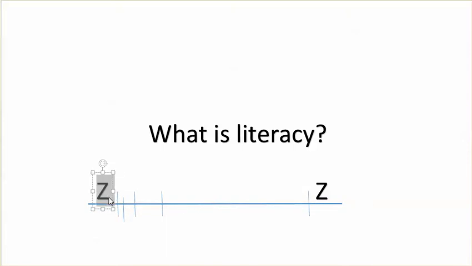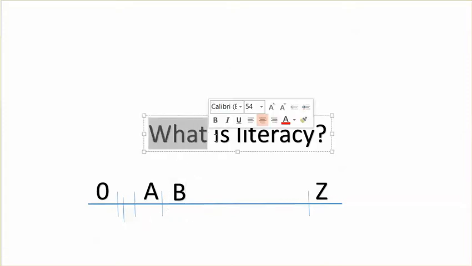This would be 0, people who have no literacy, but then you also have people who have a little bit of literacy, so they will be here. And then you have people who have a little bit more literacy, so we call them B. B is not as literate as Z, but B can probably read the word "what" if you ask them to, or they might even be able to read the whole thing.